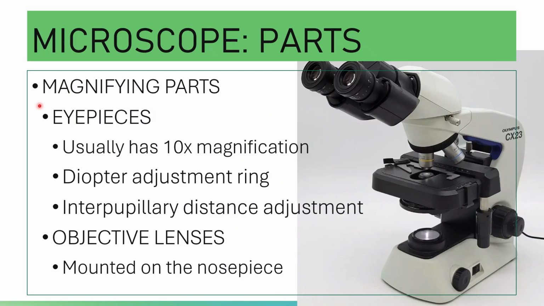The primary magnifying lens is the objective lens, and the secondary is your eyepiece. The objective lens will magnify to provide an intermediate image, and then the eyepiece will further magnify to provide the final image.